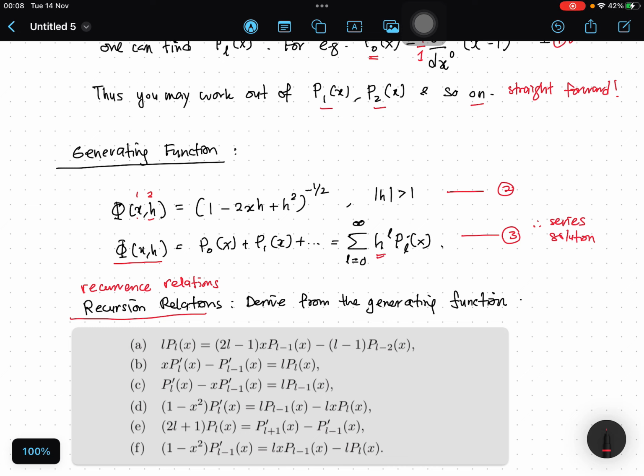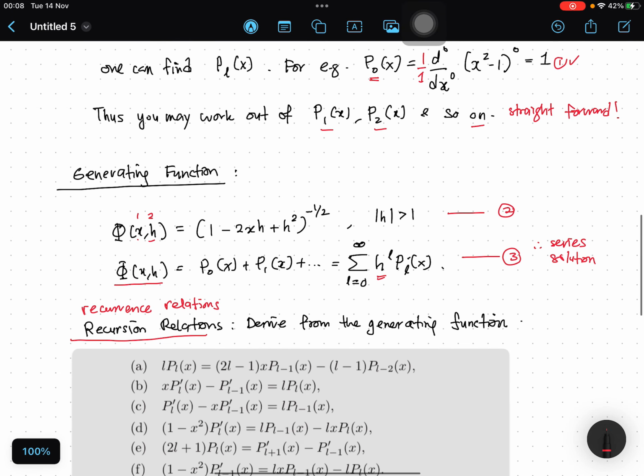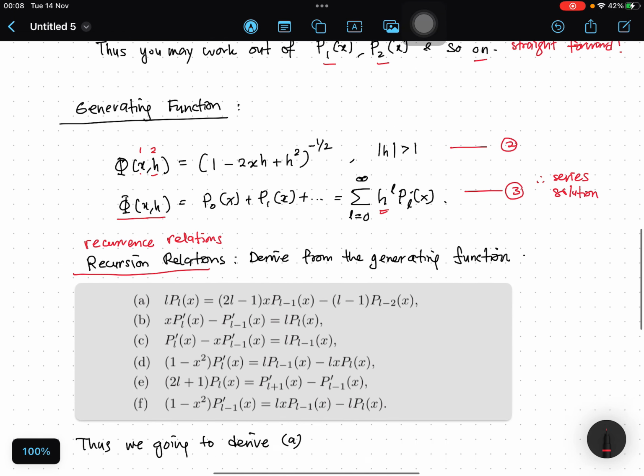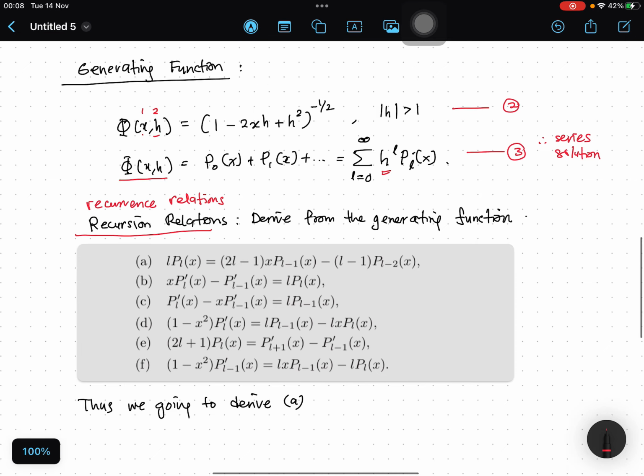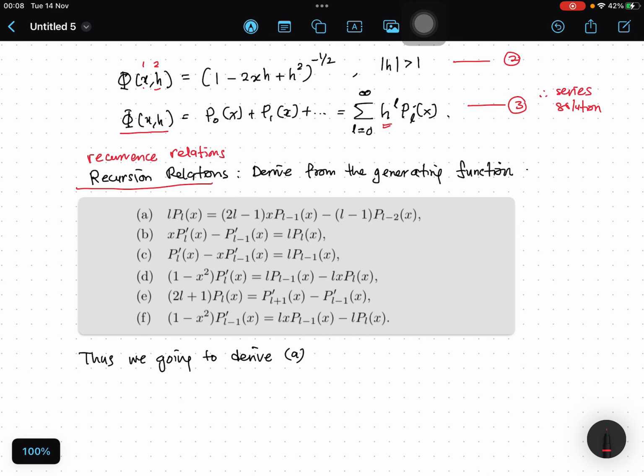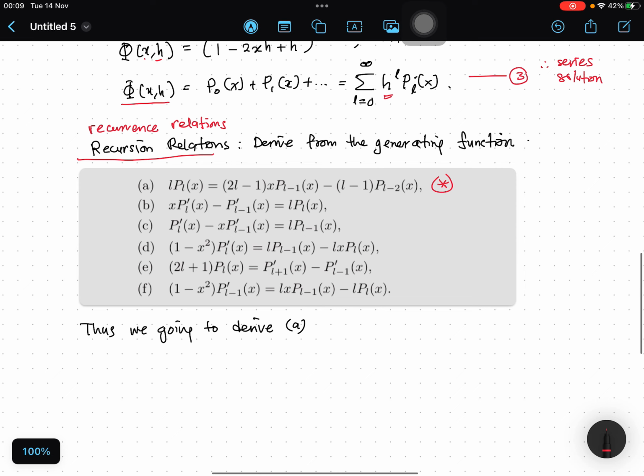So you're going to use the generating function, equations 2 and 3, to derive several recursion relations, from A up to F. So today we are going to derive the first one, and later on you try it, you're going to submit the rest in terms of B. So now let us look at how we're going to do this.